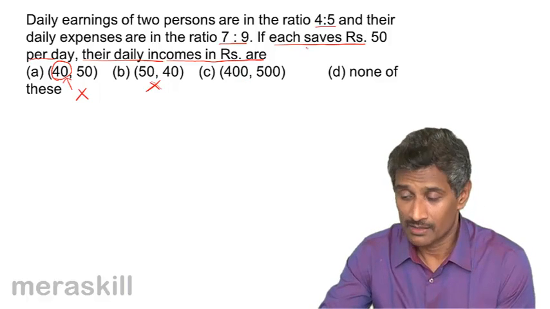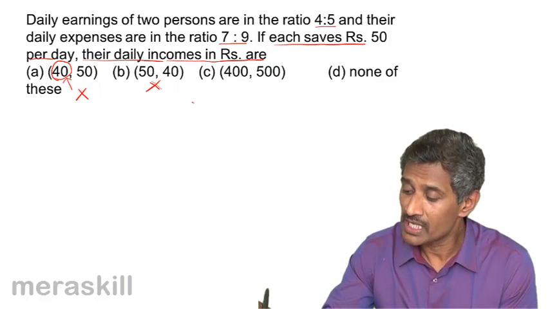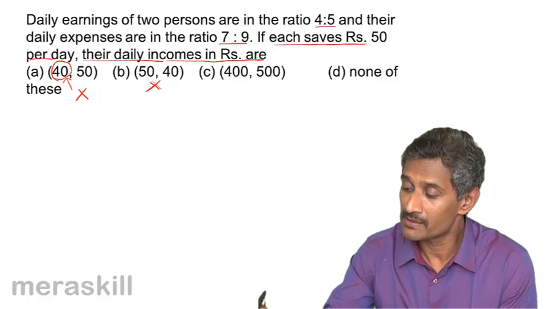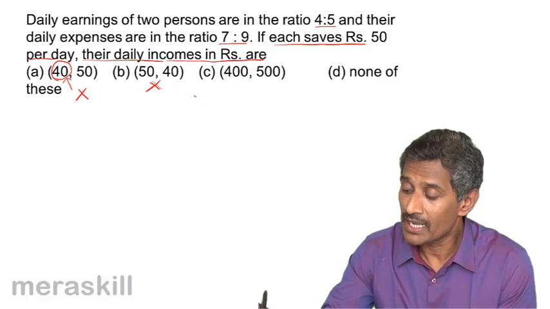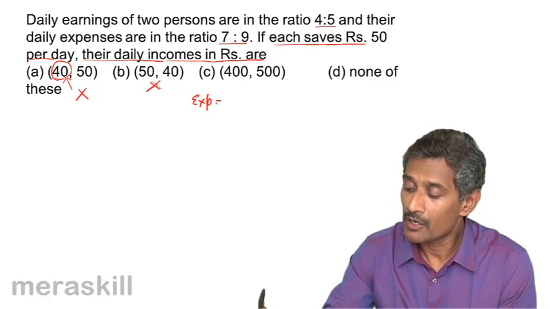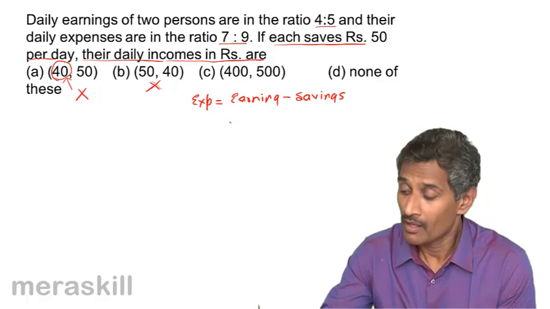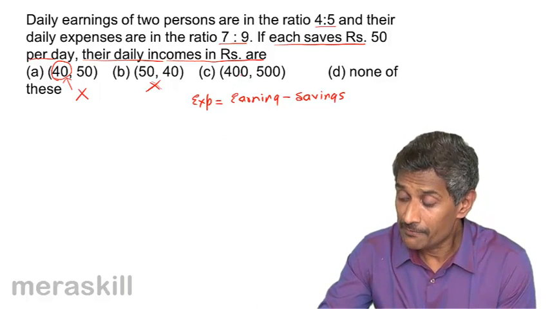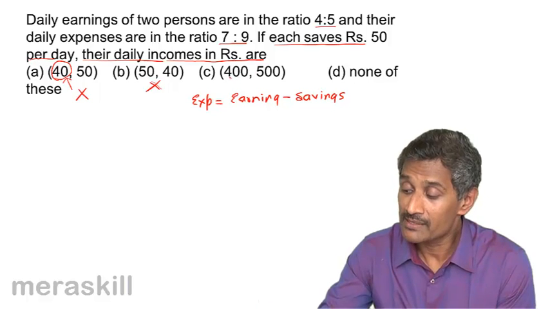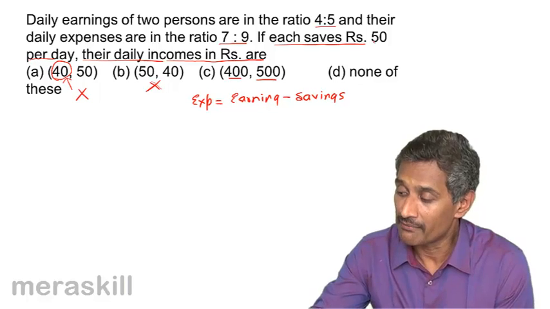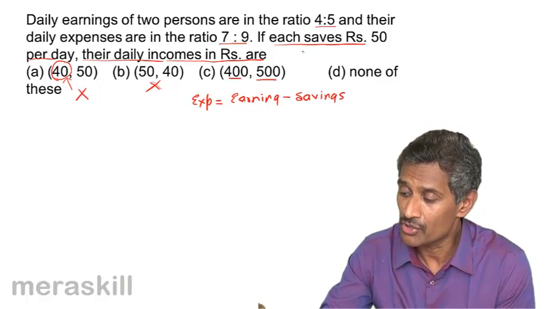Now I repeat once again. If you have this as the earnings and the expenses are so and so, expenses are going to be whatever are the earnings minus the savings. Now, we can check each of these cases.